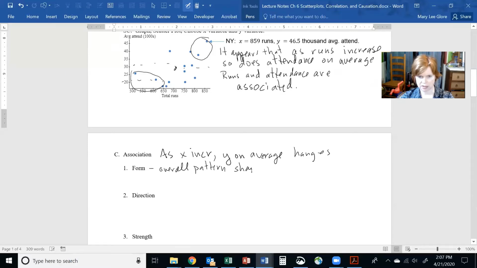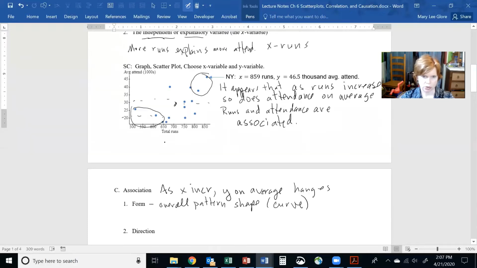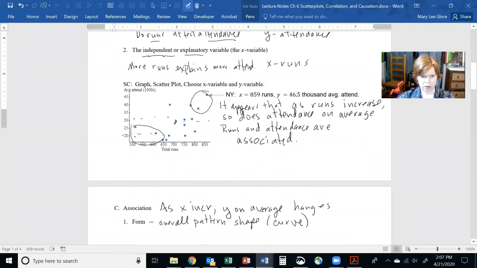When I say overall pattern, I'm talking about a curve. So if I was to draw a curve through the middle of these points, on average, it's this shape of this curve, that's a line, right?